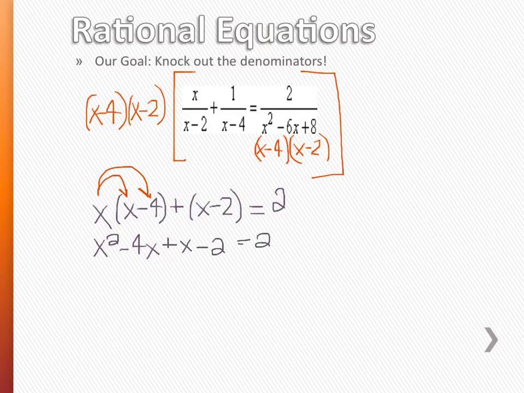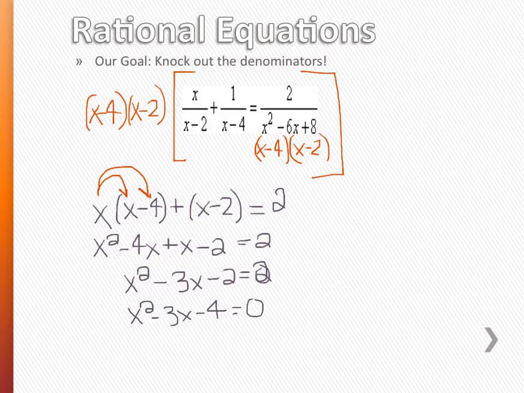We can combine our like terms of a negative 4x and a positive x, which would give us x squared minus 3x minus 2 equals 2. We want to bring this 2 over to this side, which would give us x squared minus 3x minus 4 equals 0. Now that we have this, we can actually factor this quadratic once again.